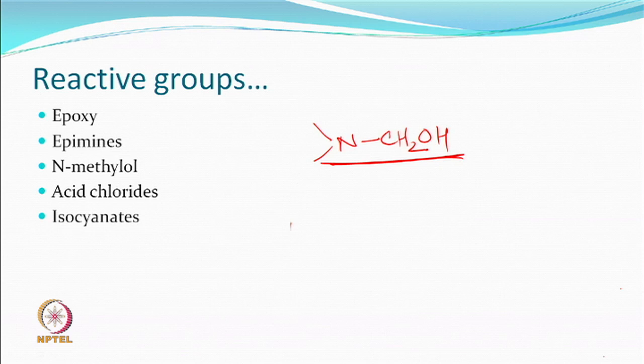So, one can have this type of groups which can also make crosslinks. They are very reactive compounds.